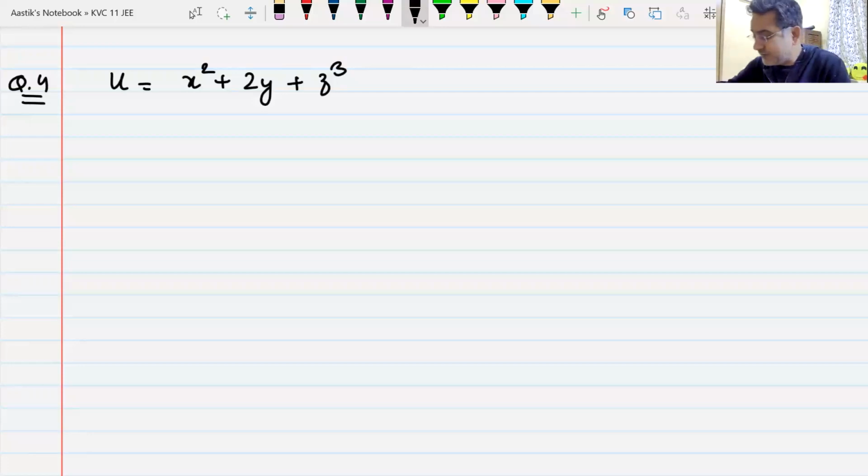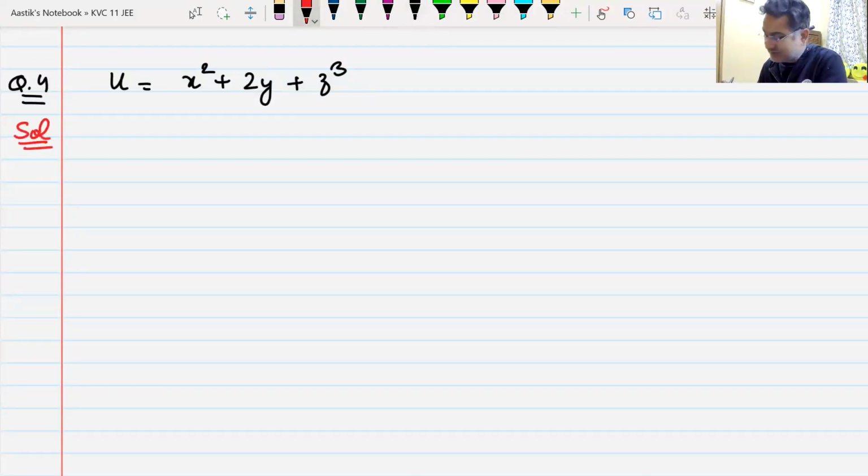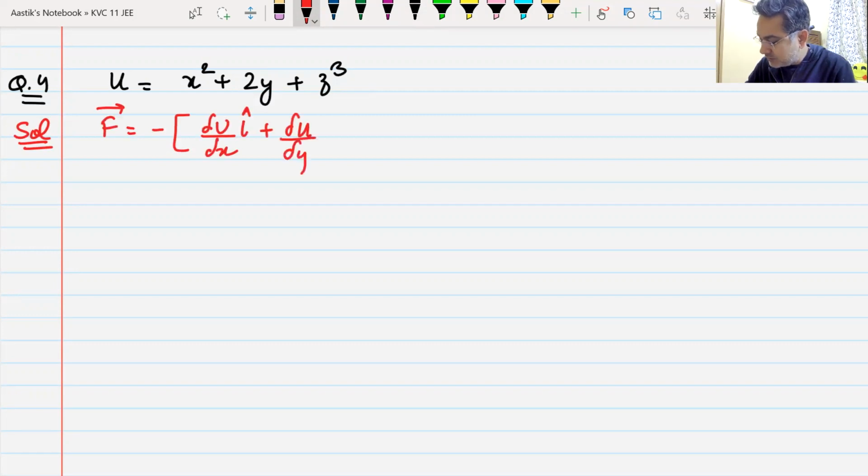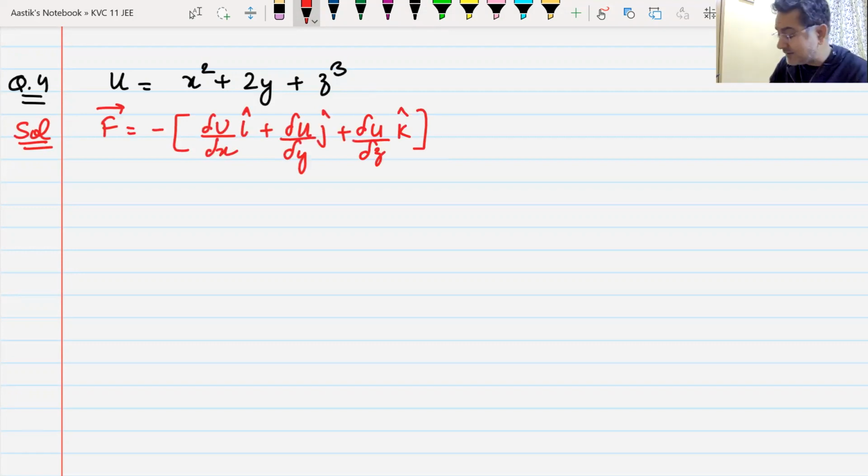So what do I have here? Again, I have to find out the force. Let me write the formula first. Force vector is minus del u by del x of i plus del u by del y of j plus del u by del z of k. I have to find the partial derivative of u with respect to x, y, and z, and then get the final answer.